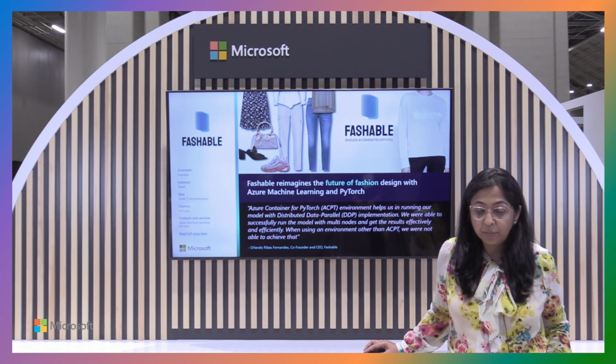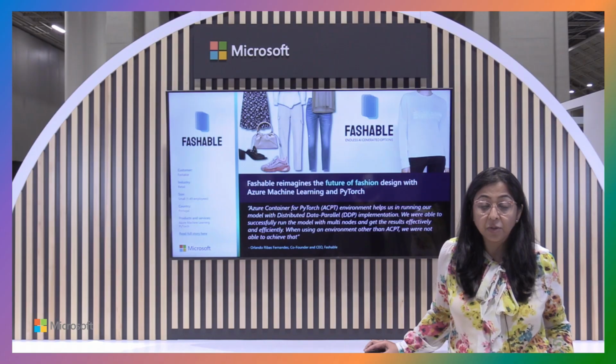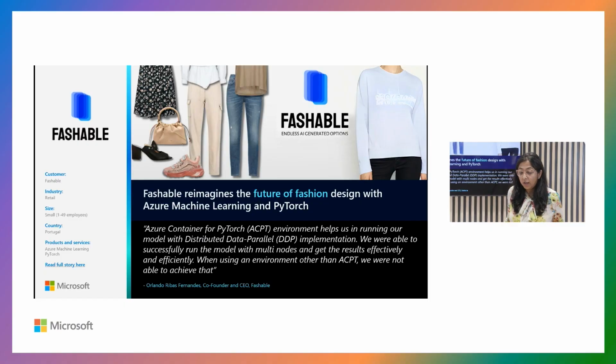So the next customer we had was Fashable. Fashable is a small startup that uses AI technology to generate original clothing designs, and that helps fashion companies to meet customer demands and get to market faster and reduce clothing waste. And for them, again, given that they're more focused on improving the technology itself, the use of ACPT helps minimize the burden of setup.